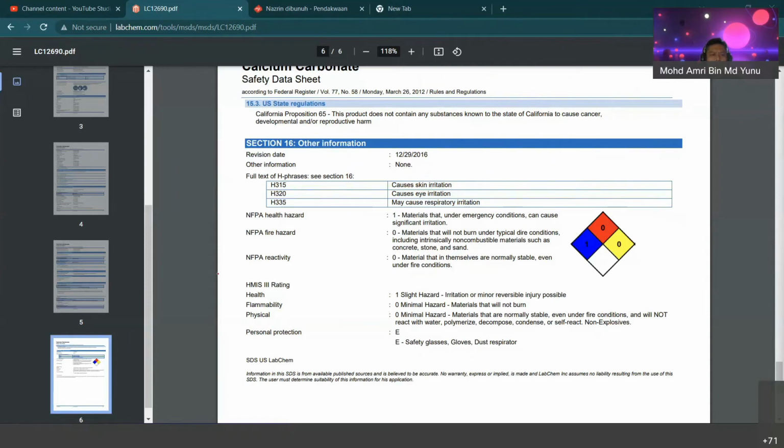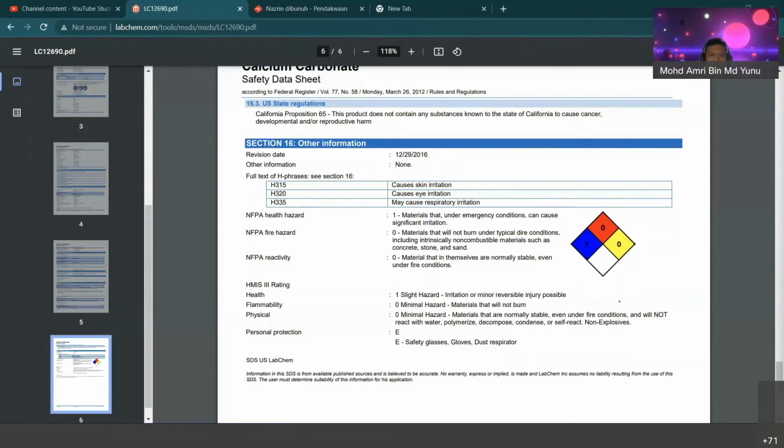Don't invite anyone, like your friends, to the lab without authorization. We are talking about safety. It's very, very serious. It's a matter of life and death, accident or no accident.